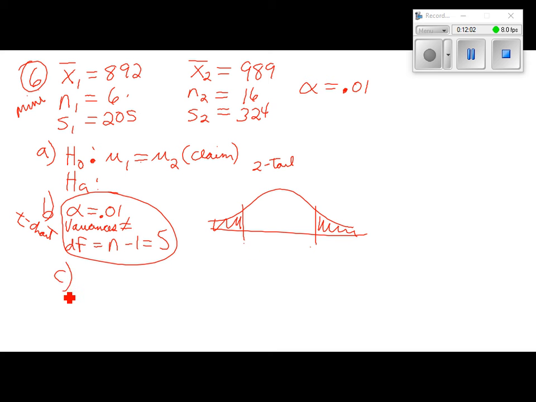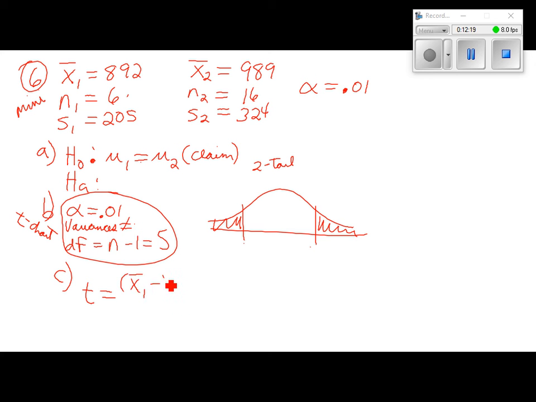Letter C. Find the standardized test statistic. A little shorter formula on this one when the variances are not equal.